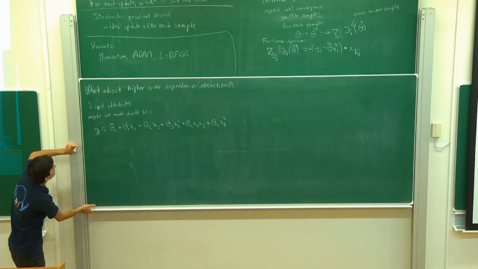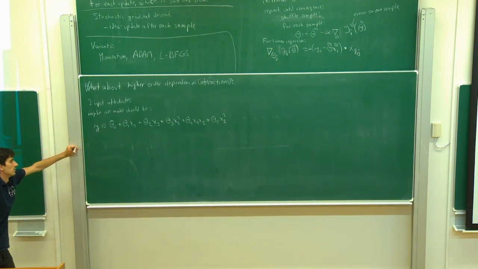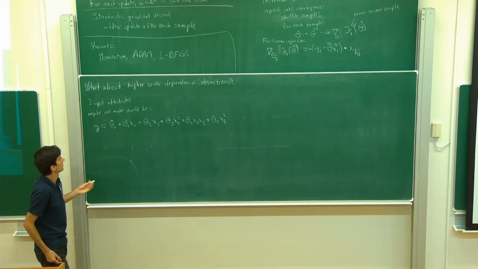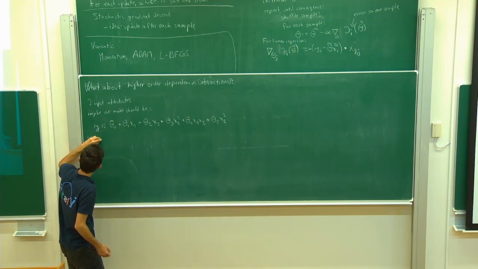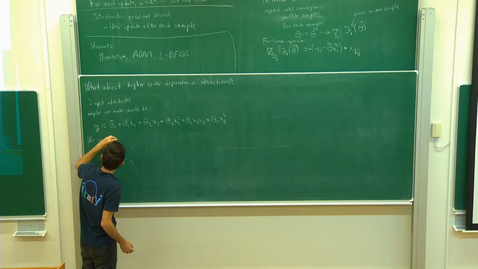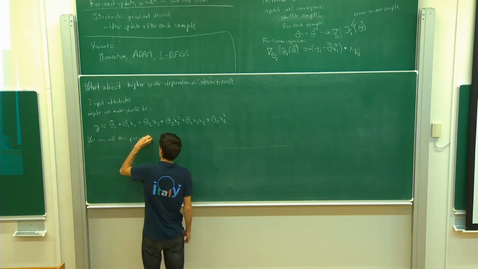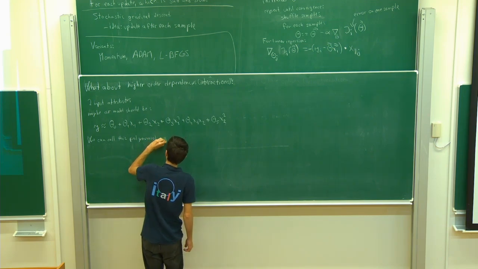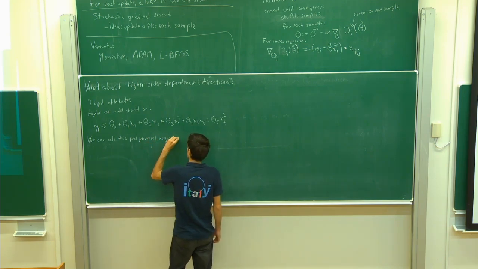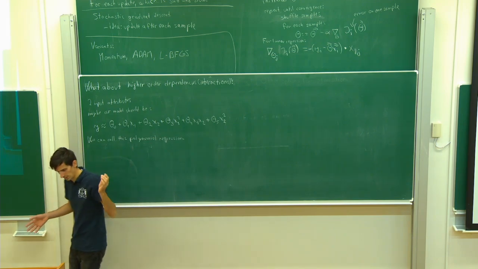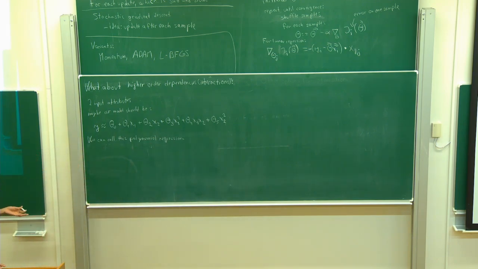Okay, this can be called polynomial regression. You can have even higher orders, but I'm lazy for that, I don't want to do that so much.